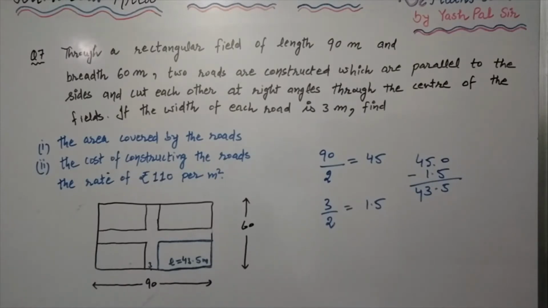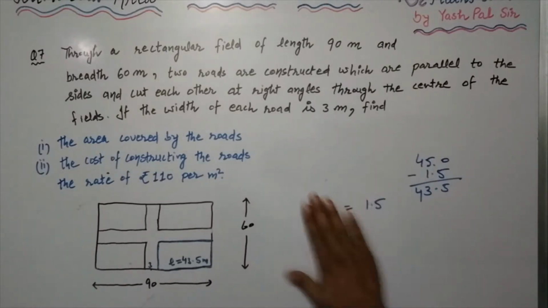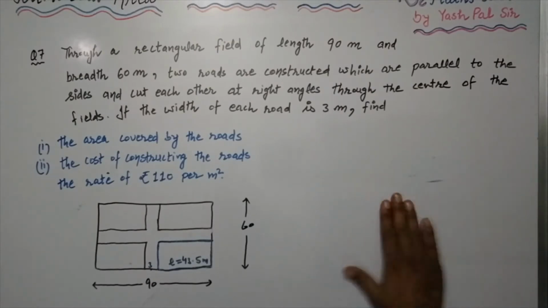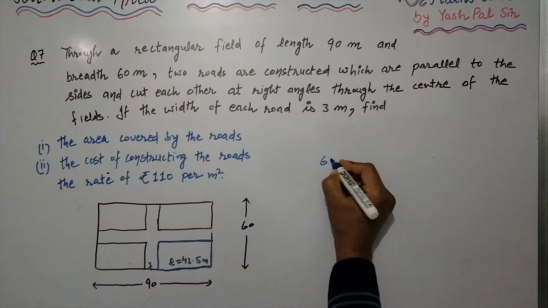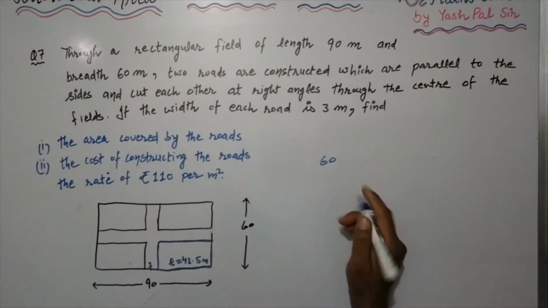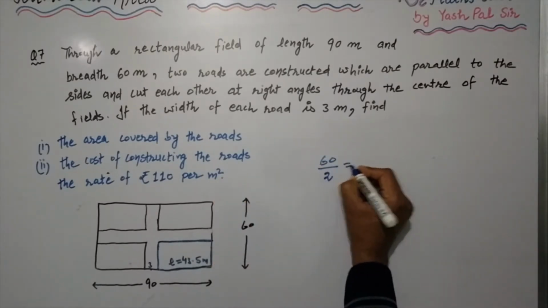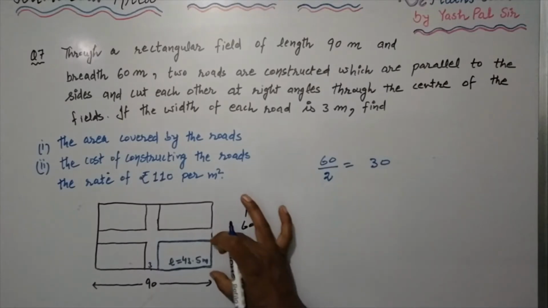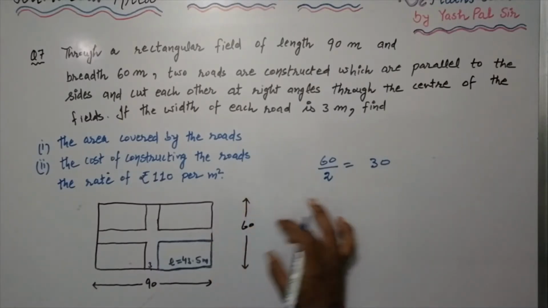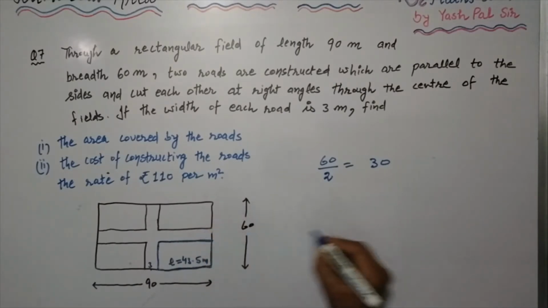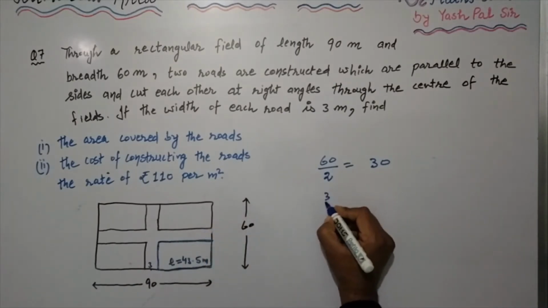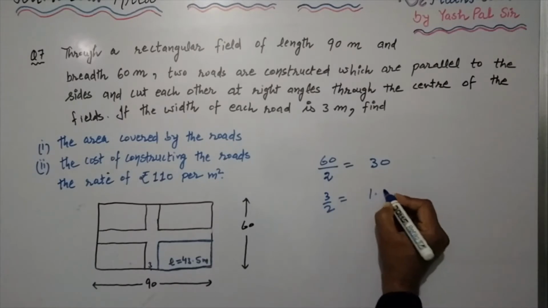Similarly, we calculate the breadth. Earlier 60 is the breadth of the bigger rectangle. We divide this by 2, we have 30. Now similarly, 3 meter wide road, so 3 by 2 is also 1.5.